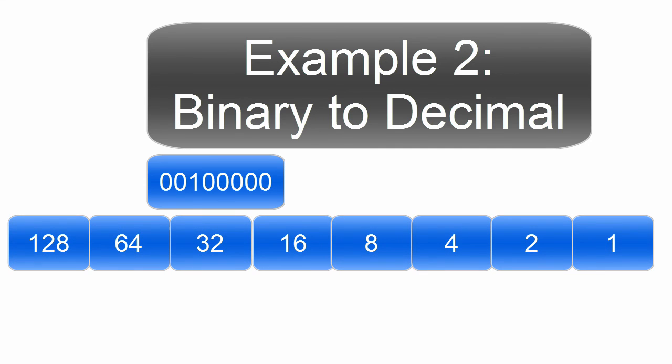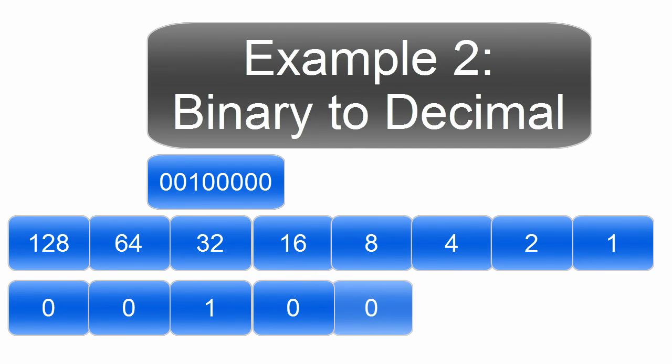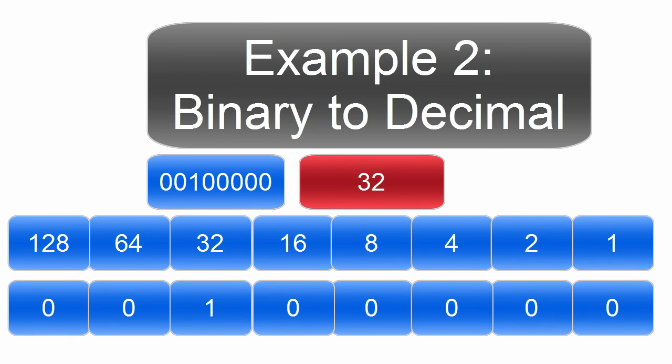So in that case, 128 is off, 64 is off, 32 is on, 16 is off, 8 is off, 4 is off, 2 is off, and 1 is off. So the decimal for that is 32. That was the only one that was on.